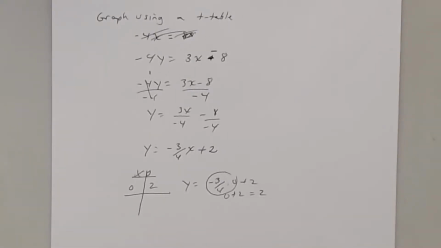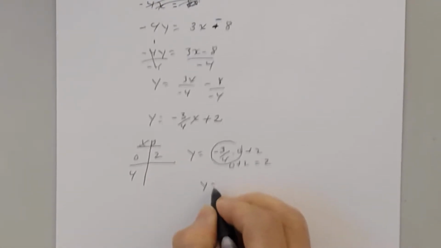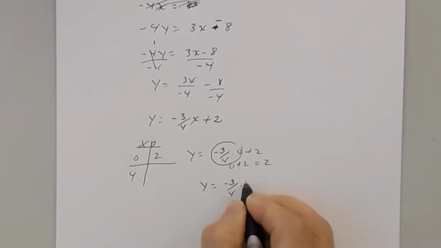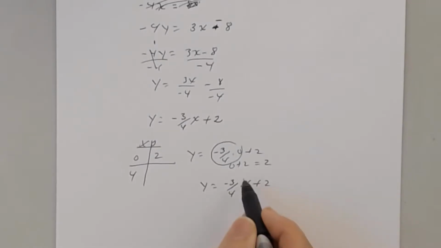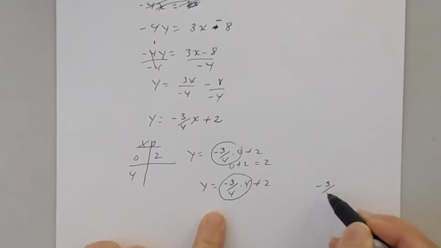All right, what other number do you want to use? If x is 4, I get y equals -3/4 times 4 plus 2. So remember, you have multiplication and addition. According to the order of operations, you do multiplication first. So I got to figure out what -3/4 times 4 divided by 1 is. You can reduce first, or you can multiply first. It does not matter.